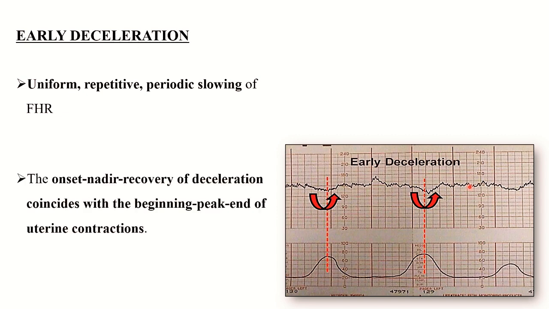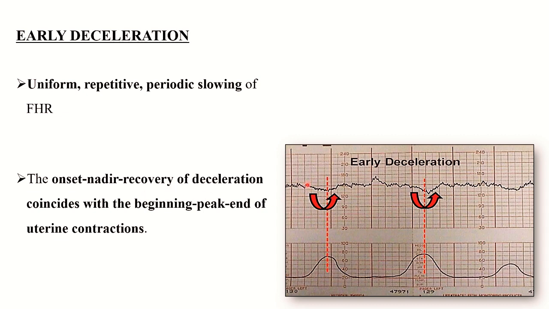In early deceleration, the onset, nadir, and recovery of deceleration coincide with the beginning, peak, and end of the uterine contraction. So onset means the starting point, nadir means the peak point, and recovery means the end point of the deceleration.